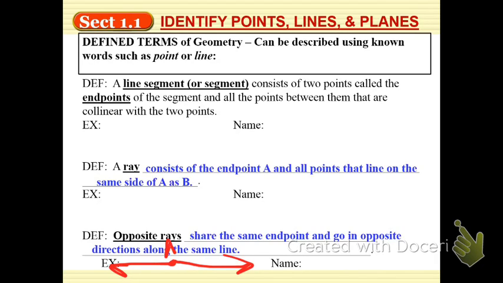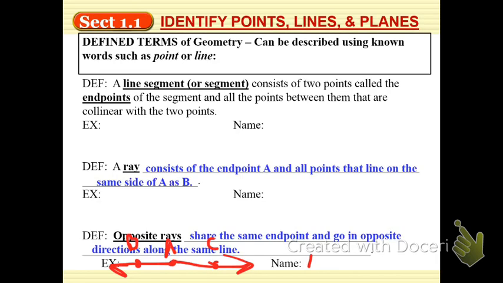And naming this, I might have a B over here, and I might have a C over there. So I could name it. I name it as a line, not as a ray, because the two rays going in opposite directions make a line.